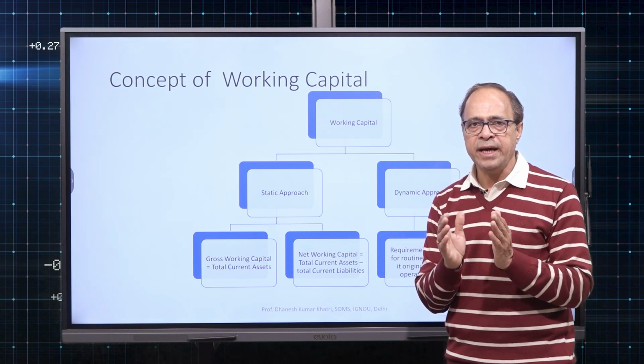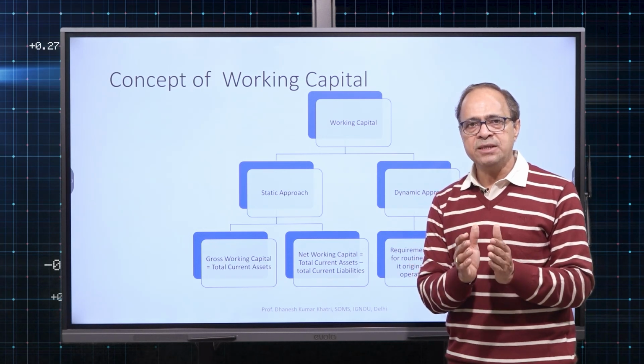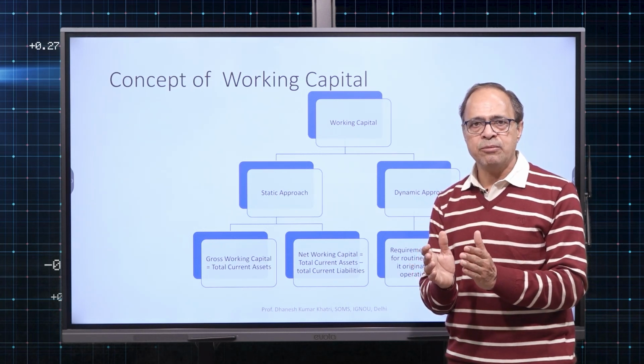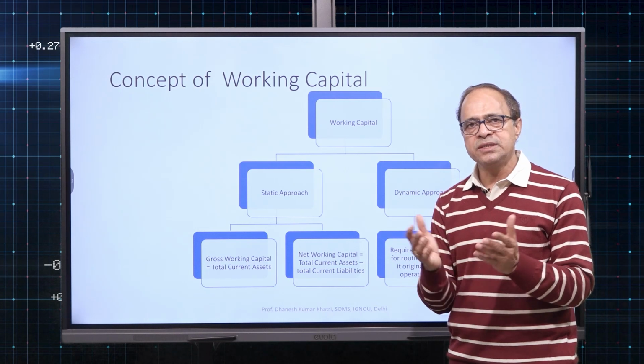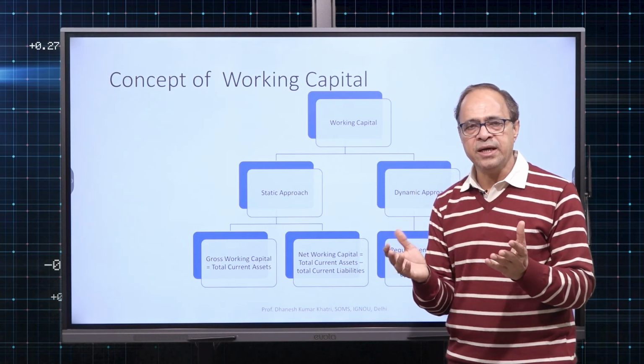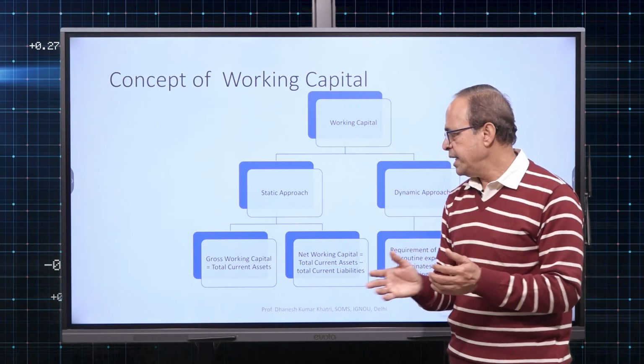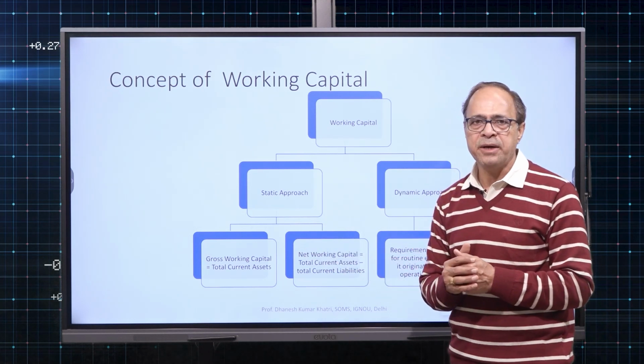These might include cash in hand, cash at bank, receivables, that is accounts receivables or trade receivables, or in general we say sundry debtors, inventory of every kind, raw material, finished goods, semi-finished goods, and it also includes prepaid expenses.